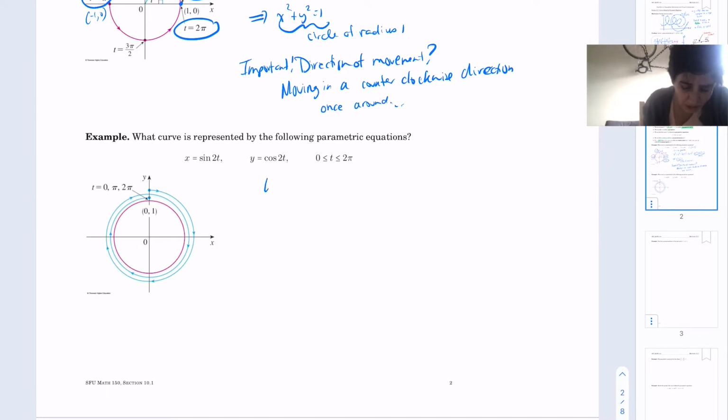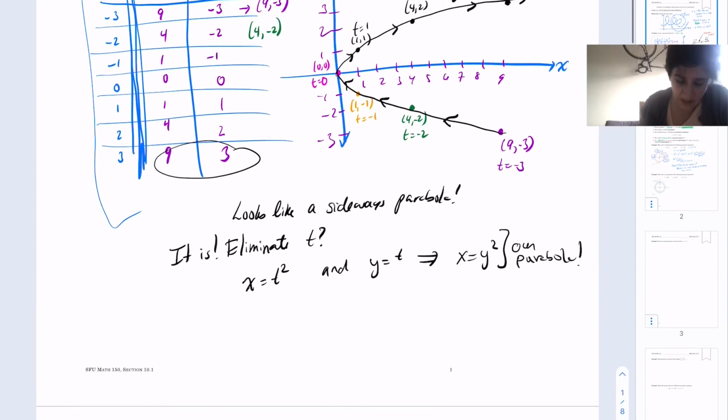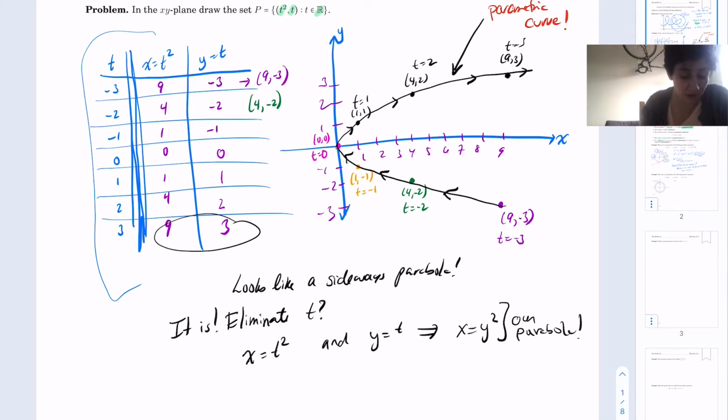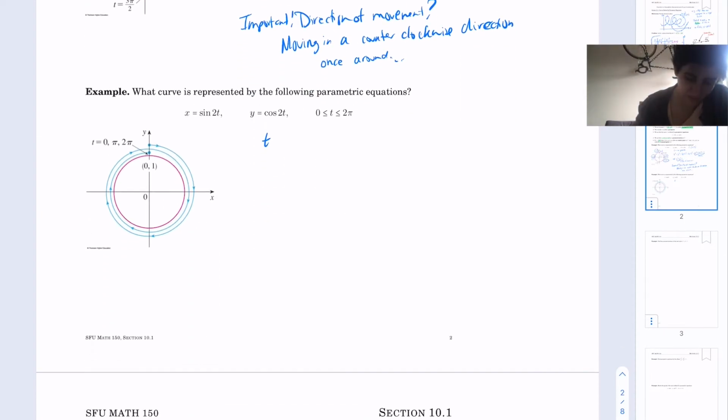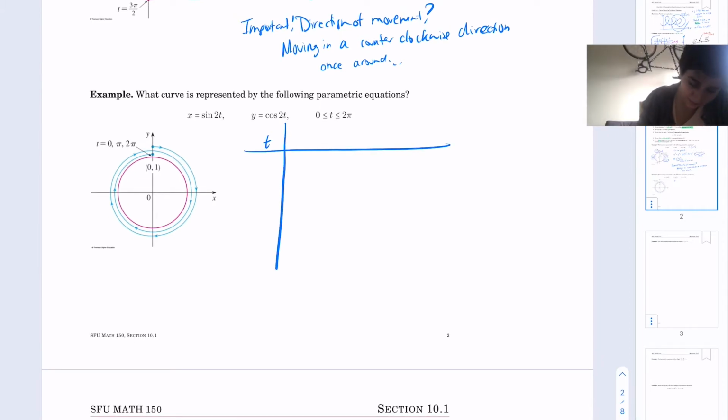So I am going to urge you to always go back and organize yourself with a table like this, especially when you're faced with something that isn't quite immediate like a circle is. So t, x, y.